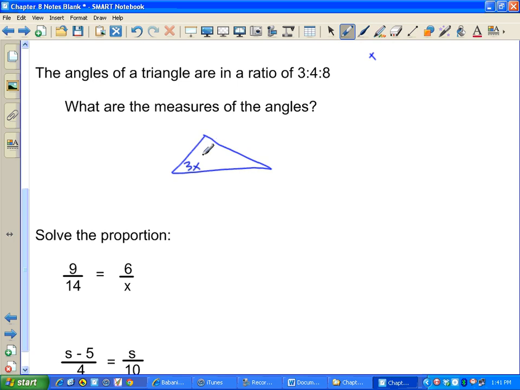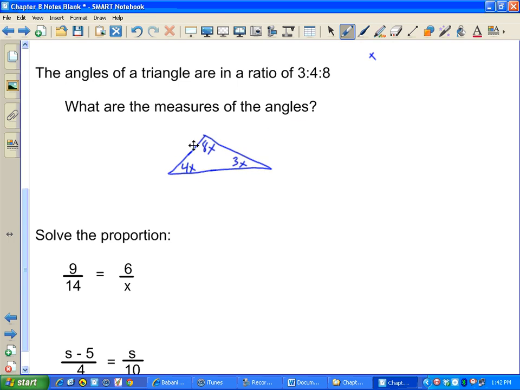This angle would be, I guess I should put 3 in the smaller one. I mean, it really doesn't matter, but just to make it more feasible. This would be 3 of whatever my units are. This would be 4 of them, and this would be 8 of them. Okay, because by doing this, I'm guaranteeing that whatever x is, it doesn't matter because I'm going to have a ratio of 3 to 4 to 8.